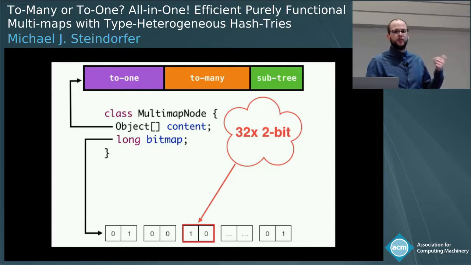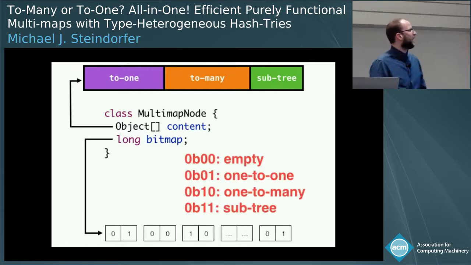In our case, we want to have one-to-one mappings, one-to-many mappings, subtrees, and essentially we also want to encode somehow that the slot is empty, for compression. And we can do that in that case with 2 bits per slot. So essentially a long bitmap is sufficient to cover all the tiles that we have there.